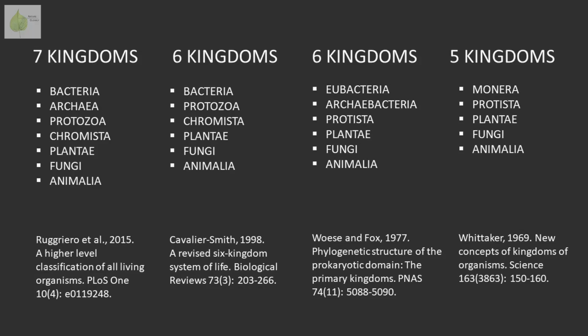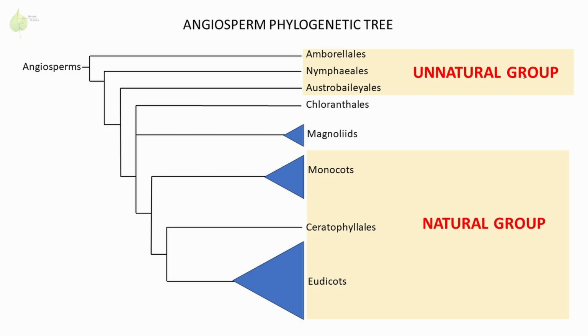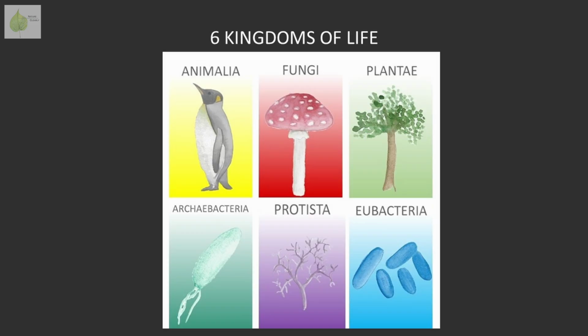This is because the division is no longer based only on visible characters, but with the advances in our knowledge and the use of genetics, we want each individual group to be so-called natural, having a single common ancestor. And that results in some disagreement. While the majority of current resources recognize 6 kingdoms of life, you might come across 7 or 5 kingdom systems.